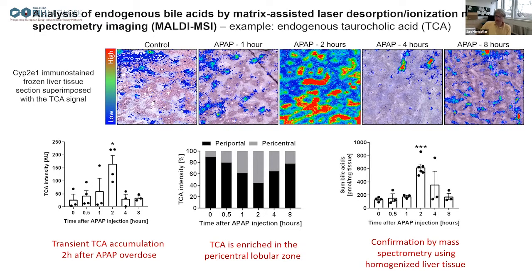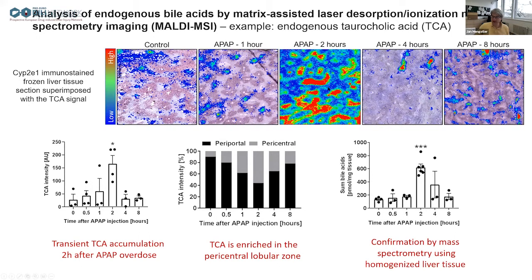And on these immunostainings, the MALDI signal is superimposed. So here it's the MALDI signal for taurocholic acid. The disadvantage or a limitation of this method is that MALDI has a relatively low resolution, so we can never see individual cells, but we can differentiate pericentral and periportal regions.